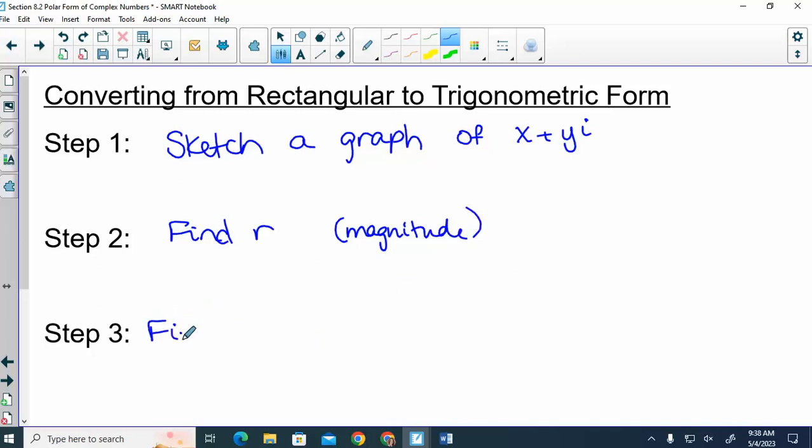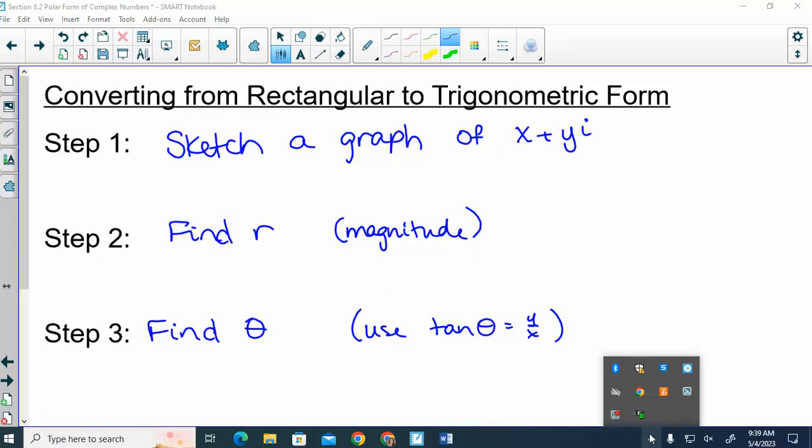The third step is to find your angle. And to do that, we use tangent equals y over x, or just like in the vectors, tangent equals b over a. A's, B's, X's, and Y's, it's the same thing. We do have to be cautious when we're finding that angle; we have to watch what quadrant we're in, which is why we drew the graph to start. So we're actually almost done with this section already.